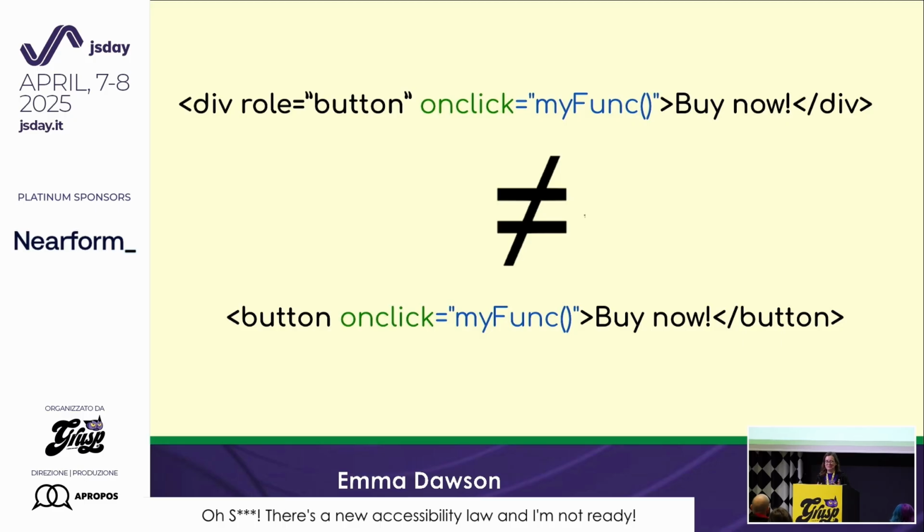And I actually saw this example with a div with an on-click in the keynote this morning. And I see this regularly in the websites that I work with. And the thing here is that although we add role of button to the div, it doesn't then add all of the expected behavior that the browser knows to add to a button which is already interactive.